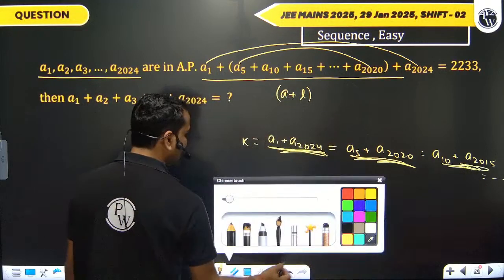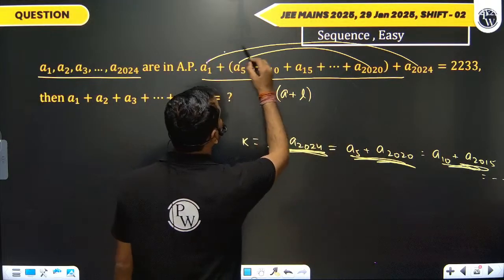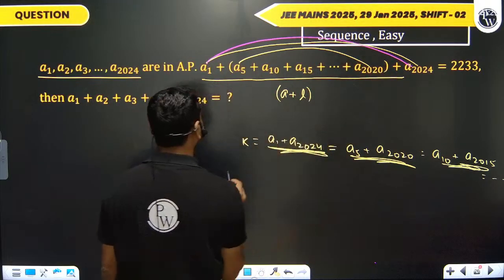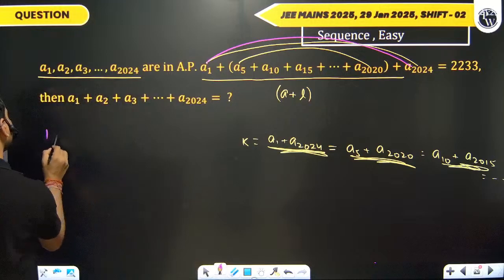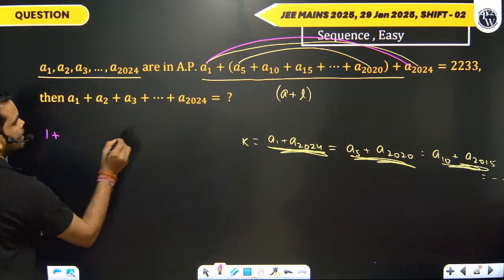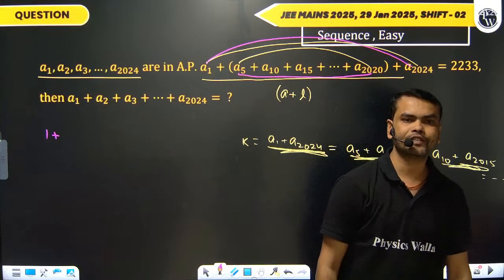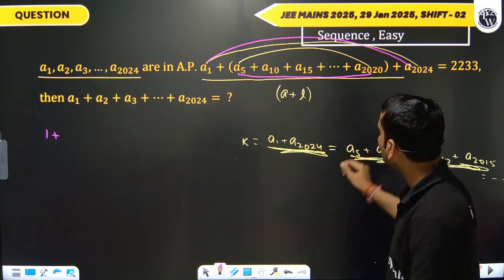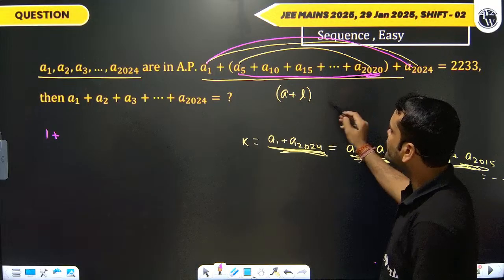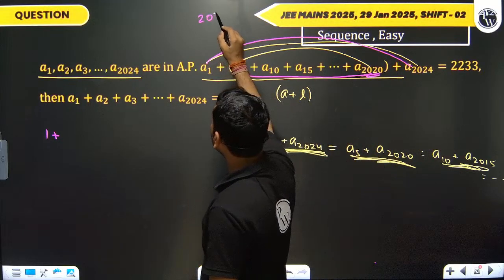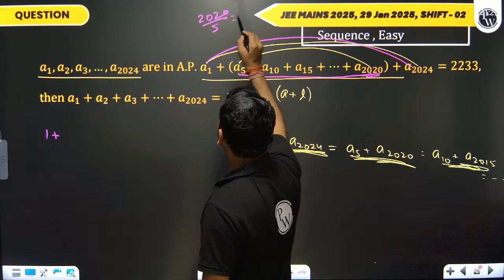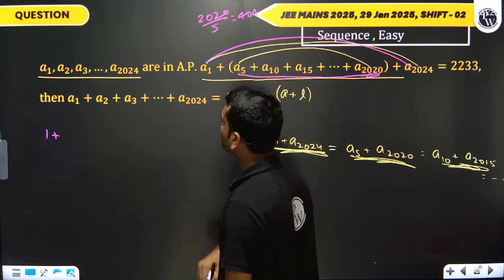First, you can clearly see that this is one pair. And then how many pairs will it form here? 5, 10, 15, 20, like that it is going up to 2020. So divide 2020 by 5, we will get 404. 404 terms are there.